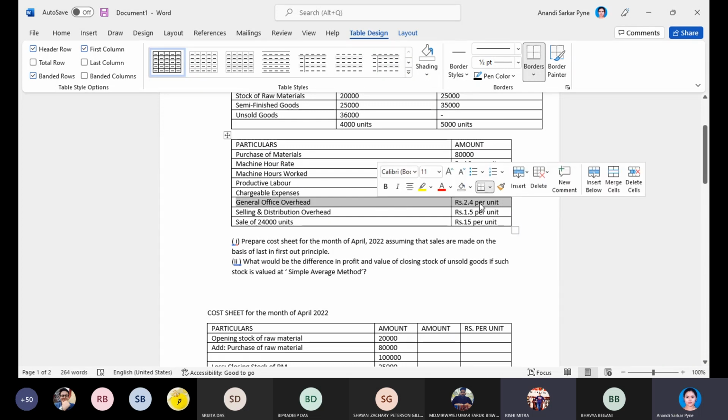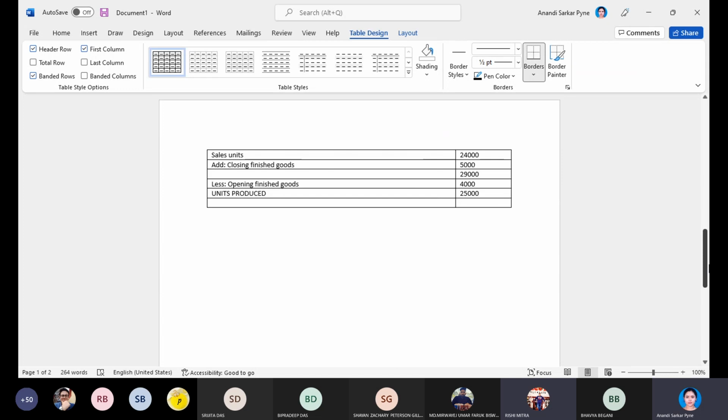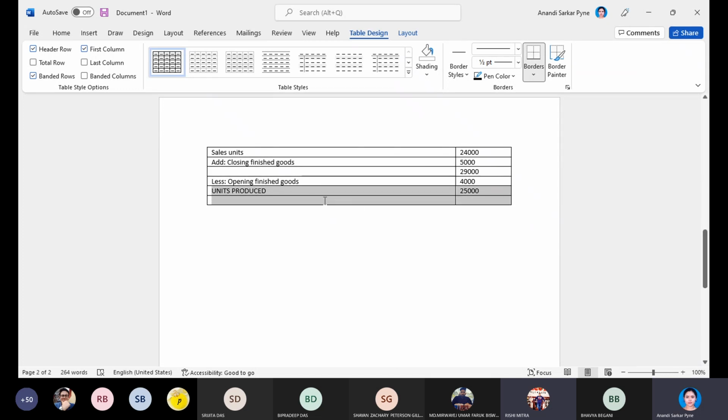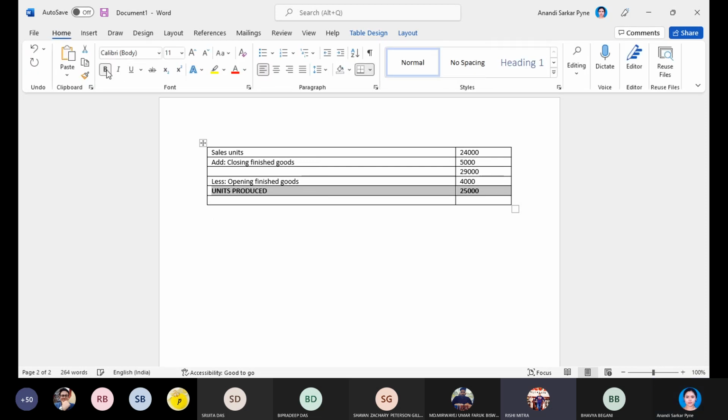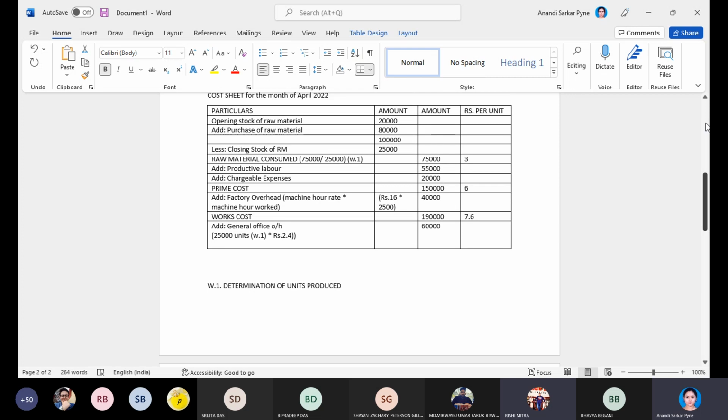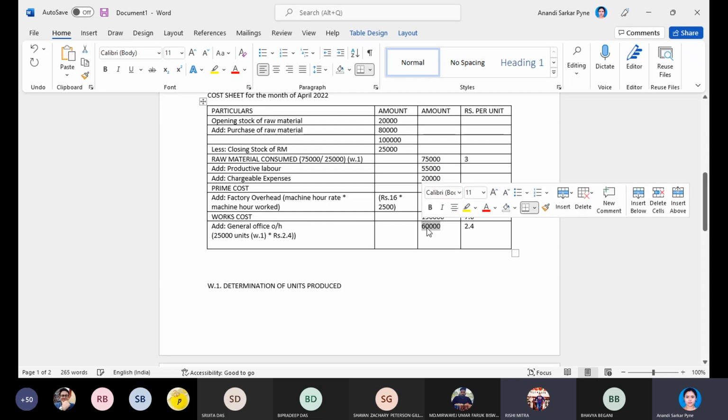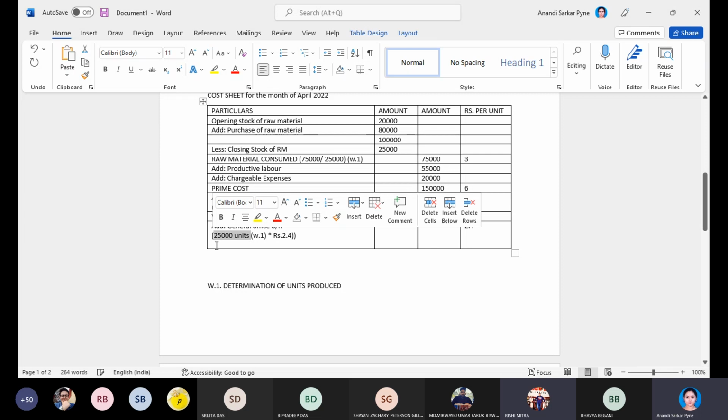Okay. Units produced is 24,000 units, whose per unit cost has been given. What is the per unit cost? Per unit cost which has been given is 2.4. So you have per unit cost, but the amount is unknown, and you know the units which you have found out in your workings.